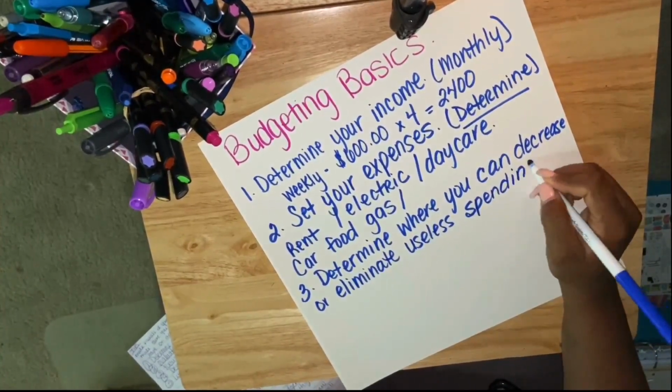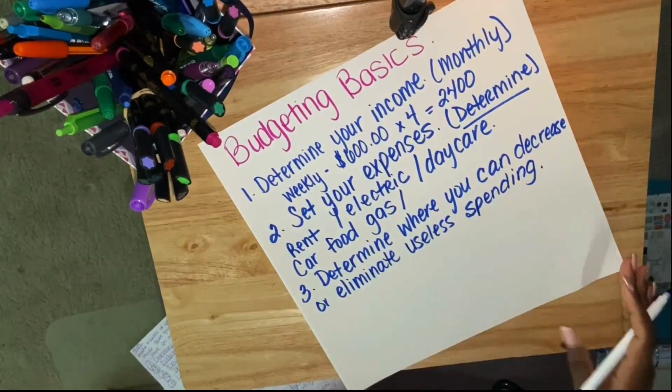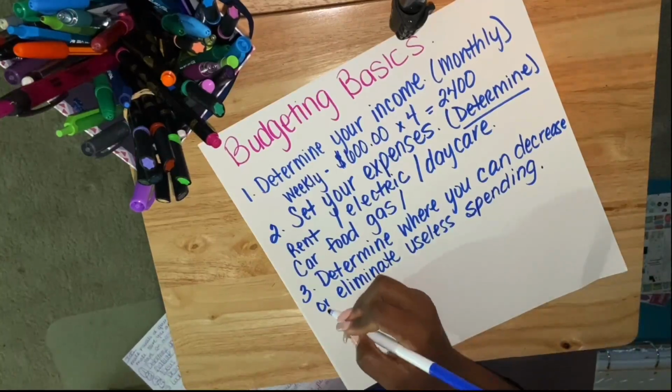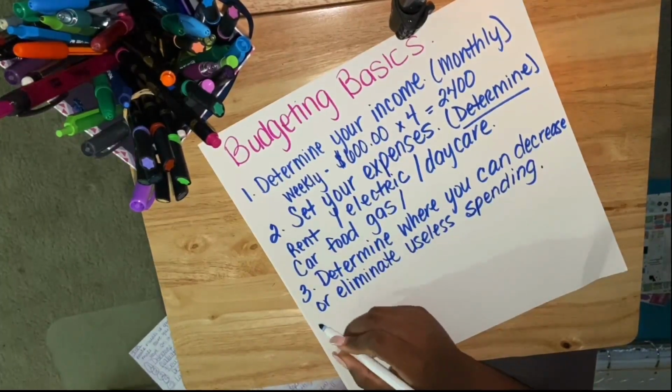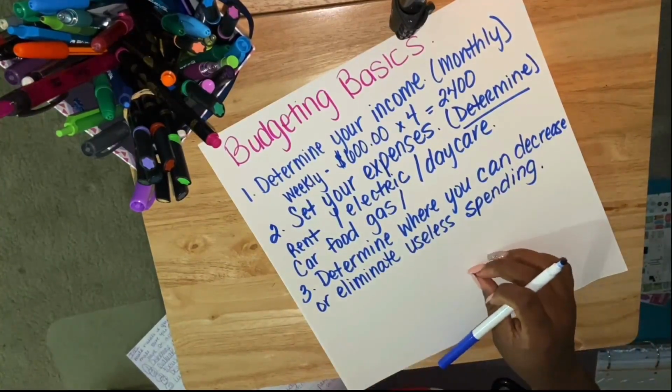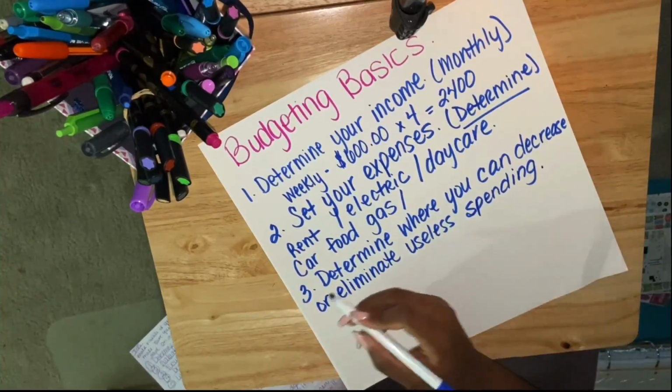As we all know, when it comes to spending on things that we don't need, such as clothing that we don't need, or candy at the store, or soda, Netflix may be something, cable may be something.